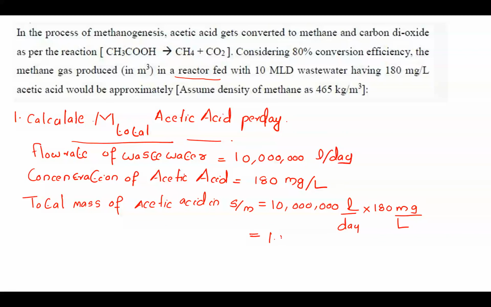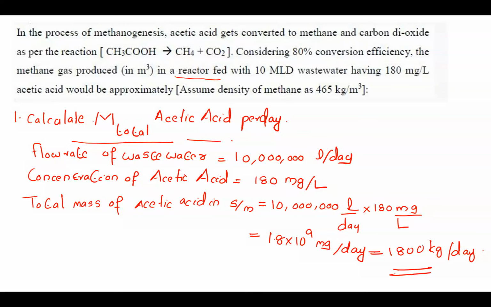The answer comes 1.8 into 10 to the power 9 milligram per day. Then you can convert into kg per day, so that will come 1.8 into 10 to the power 3, that is 1800 kg per day. That is the first step.